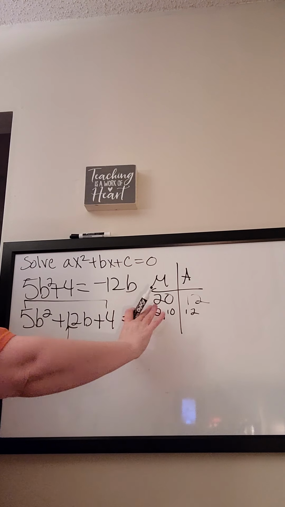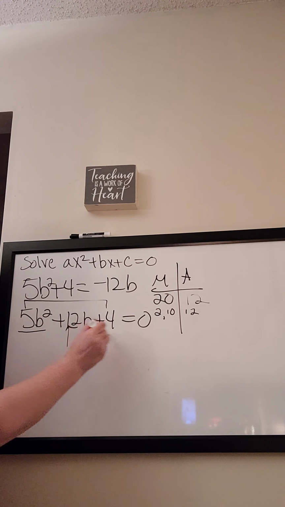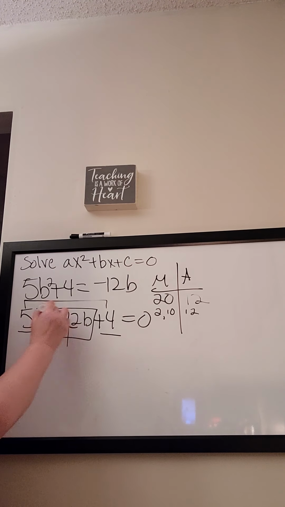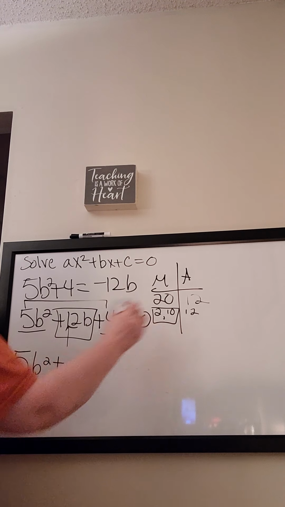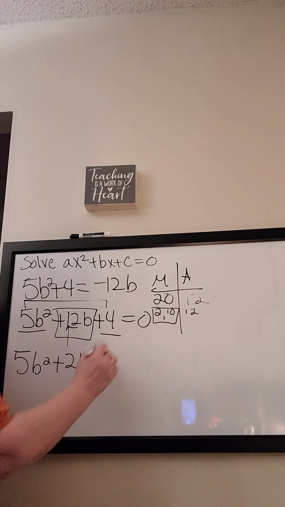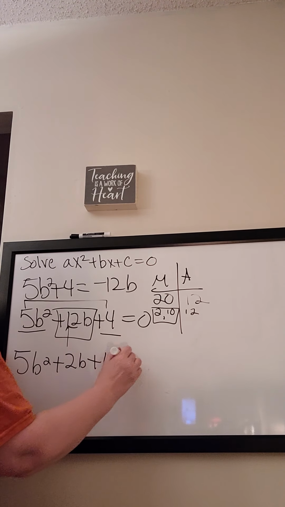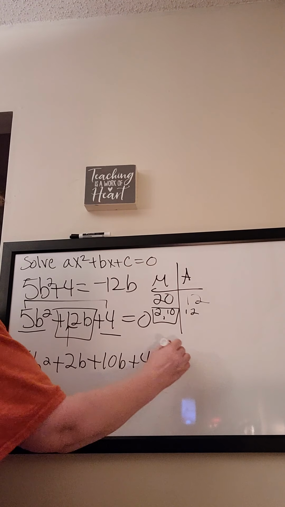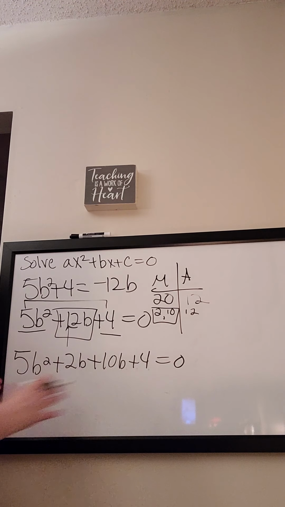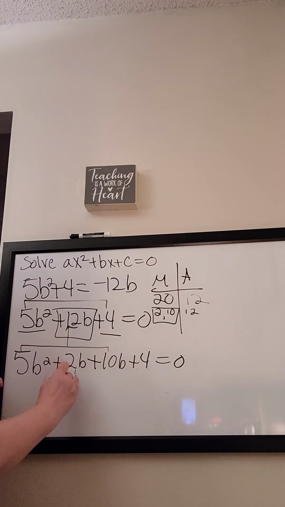So I'm going to rewrite this, keeping this the same and this the same, and dividing this up into what we just found. So 5b squared plus 2b plus 10b plus 4 equals 0. Now I want to put these together with things they have in common. So I'm going to put the 5b with the 10b and the 2b with the 4.